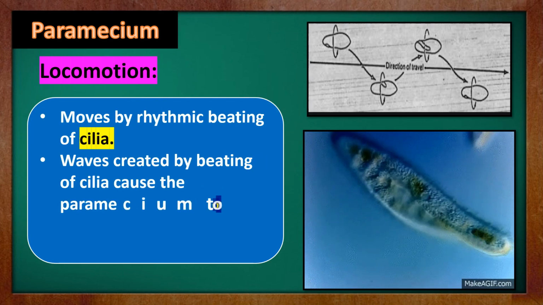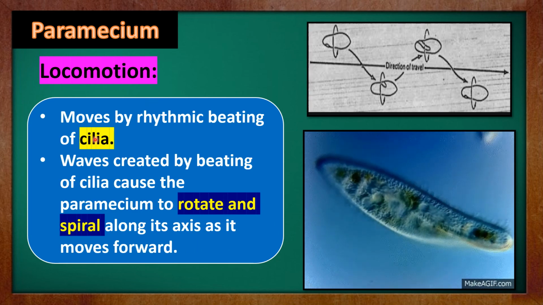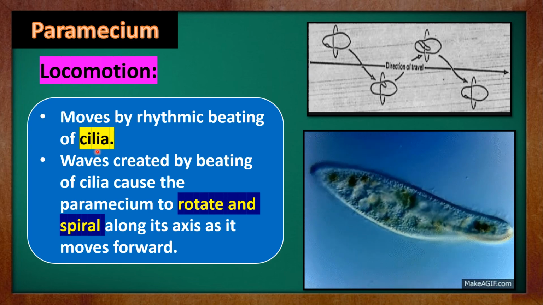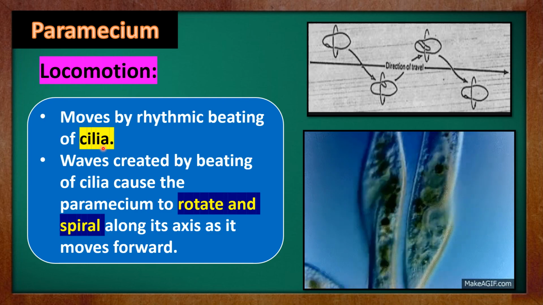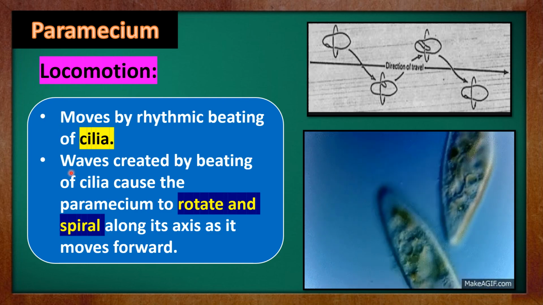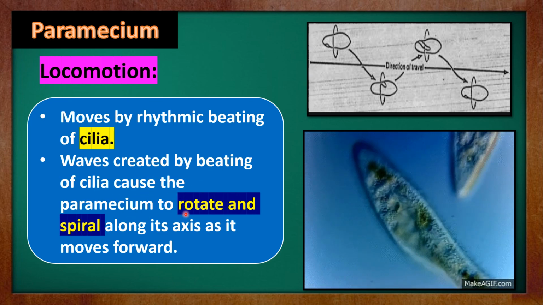Locomotion: how does a Paramecium move from one place to another? As I have said, Paramecium is ciliated. Because of this hair-like structure called cilia, Paramecium can move. Waves created by the beating of the cilia cause the Paramecium to rotate.